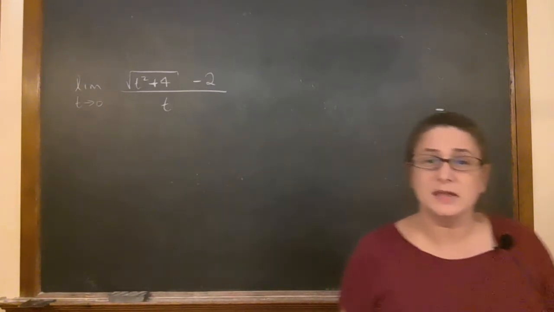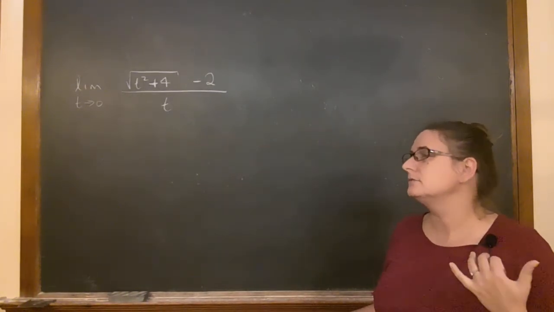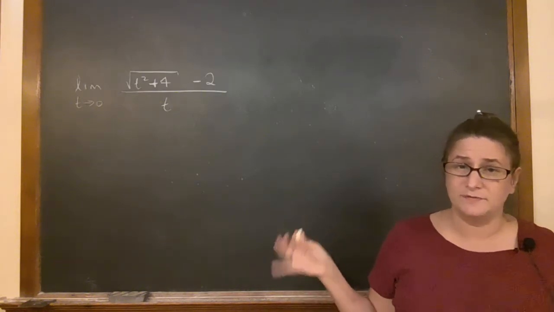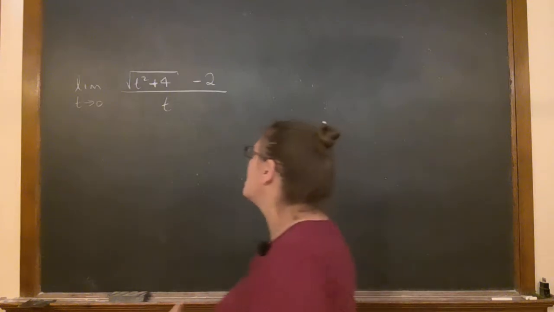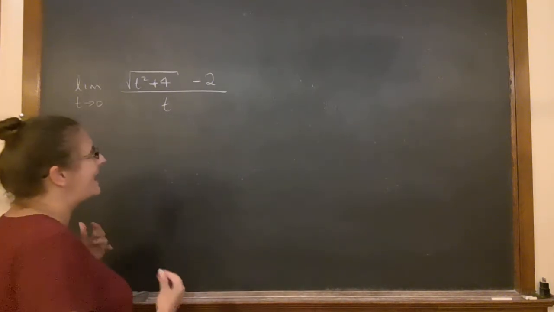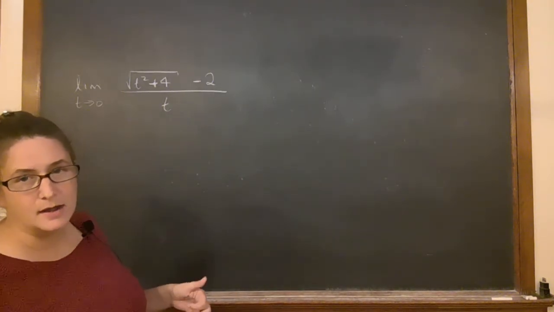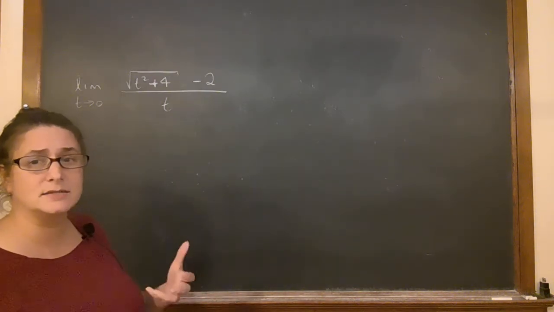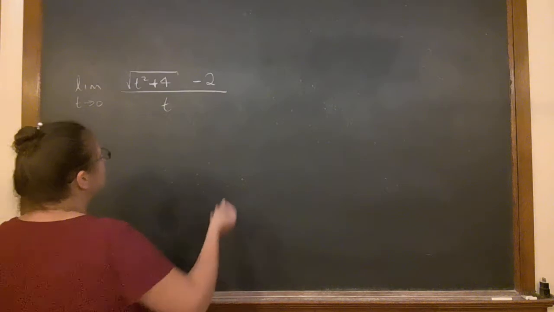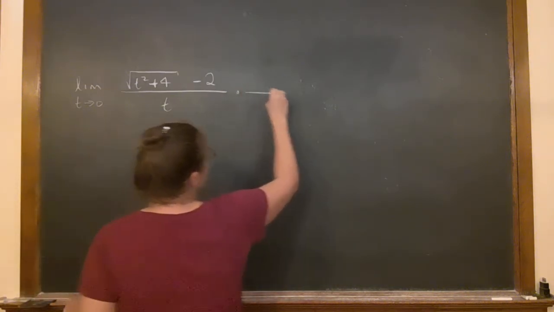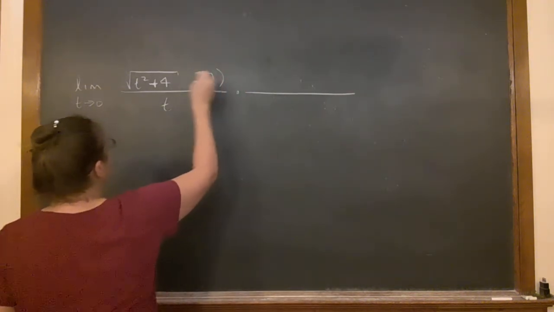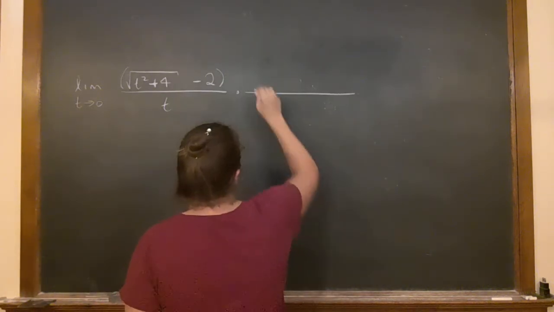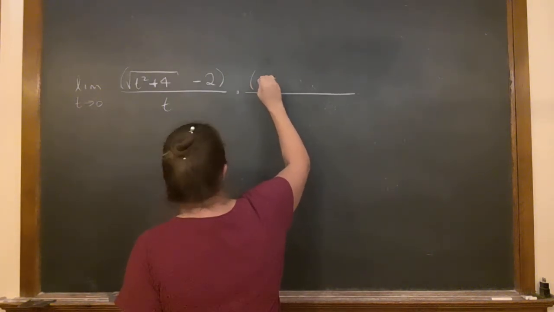So there's a trick for these. You'll see by the end why you would do it, but at first it seems kind of weird. You guys are used to rationalizing the denominator. In some sense, what we're going to do here is exactly rationalizing the numerator. We're going to multiply both top and bottom by the conjugate, I would say conjugate radical.